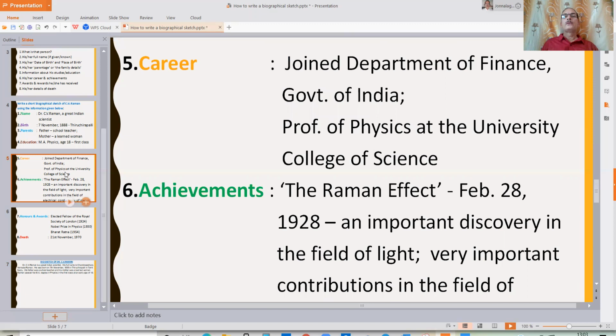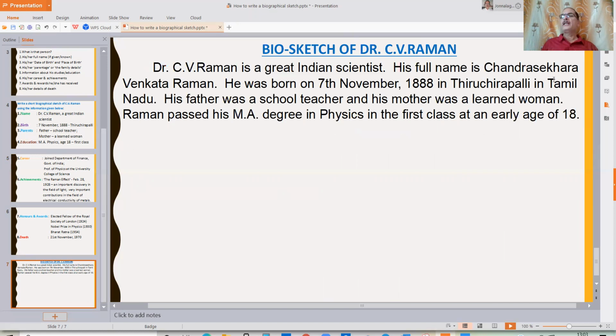Look at the hint given here: Joined Department of Finance, Government of India. That means, when did he join the Department of Finance? After passing his MA degree, Raman, or he, because Raman is already mentioned, he joined which department?